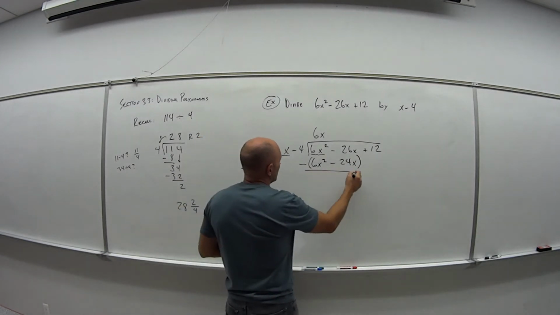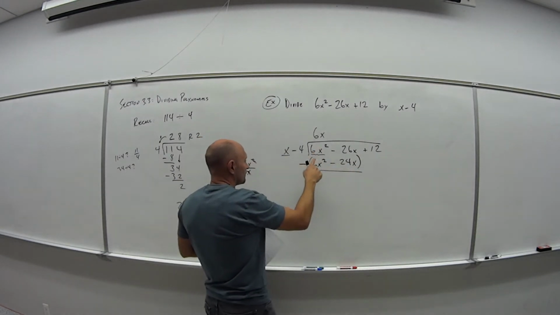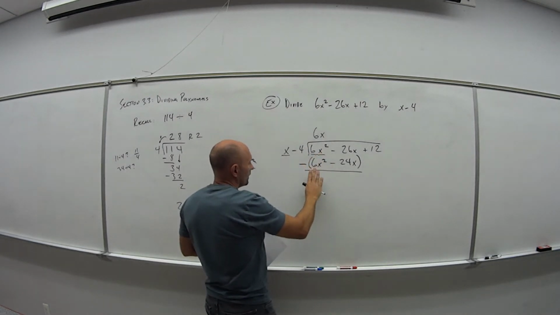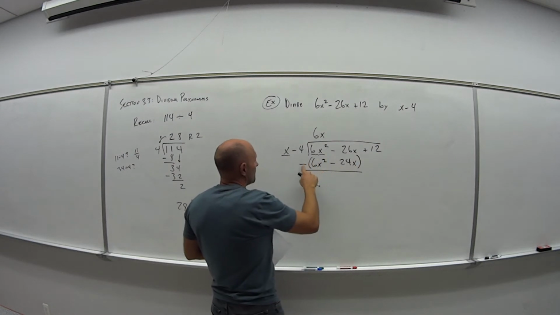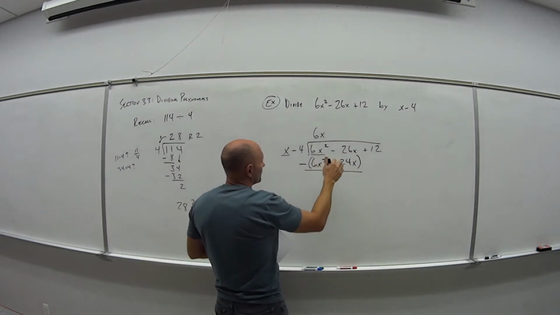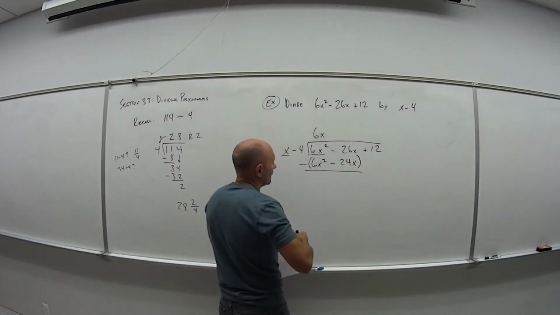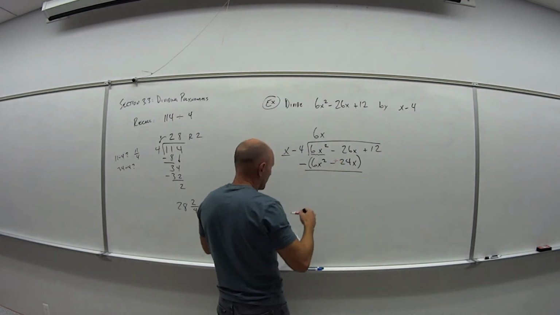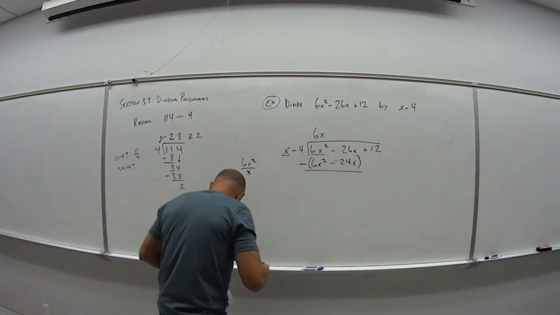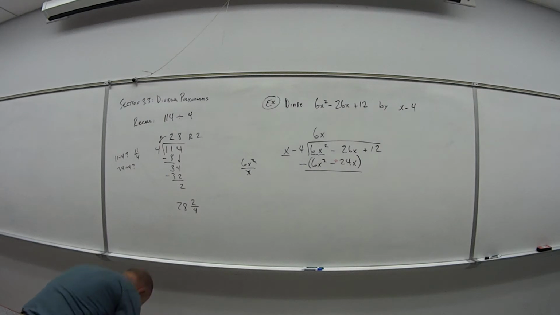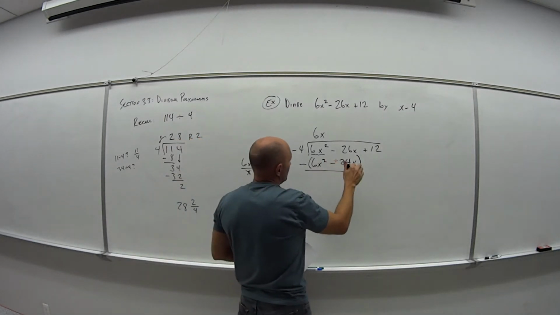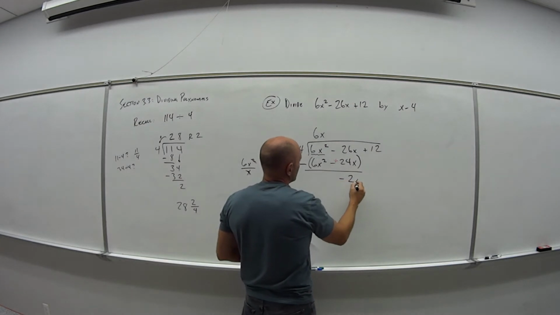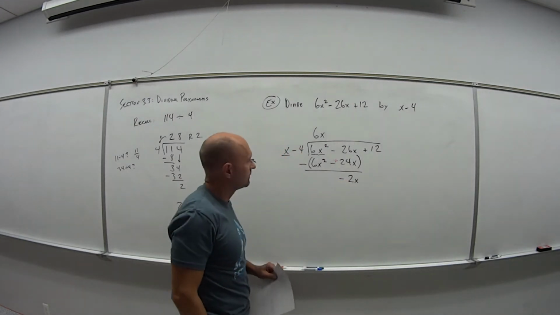So we have 6x squared minus 6x squared, gone. Negative 26x minus a negative 24x means this is really like plus 24x. So minus 26x plus 24x leaves me with minus 2x.